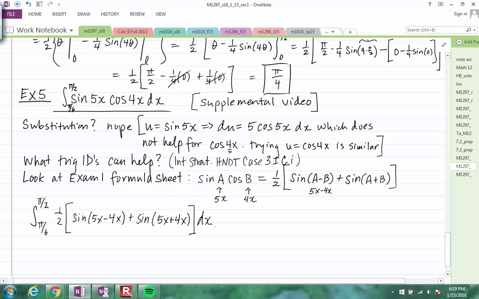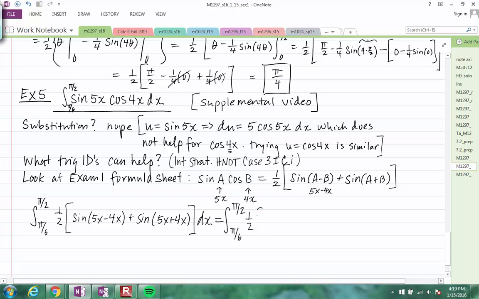So was that helpful? It was definitely helpful because we got two integrals that we can make now, separated by the plus in the middle. We were allowed to do that. And then each of these separate integrals, which after we simplify we'll see are pretty easy, then we're home free.